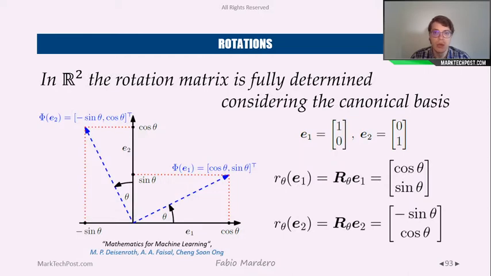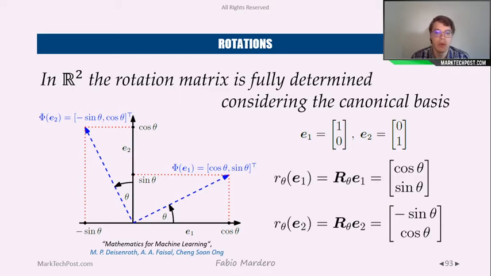Here we will see a particular case of a 2D plane, and we try to define and determine the rotation matrix. Of course, the rotation matrix depends on the basis we choose, and here we will use the usual basis, the canonical one.